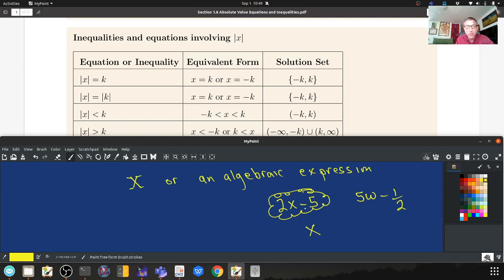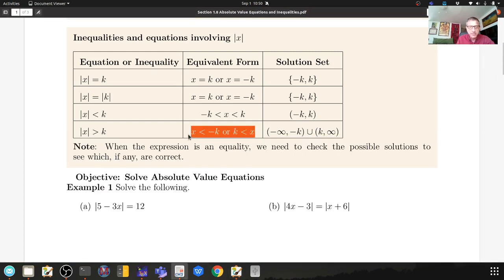You don't know what the quantity is unless you know the value of x. 5w minus 1/2, that's another unknown quantity. We can't know what it is unless we know the value of w. So using x right here to stand for an unknown quantity is conceptually consistent with what I just said.